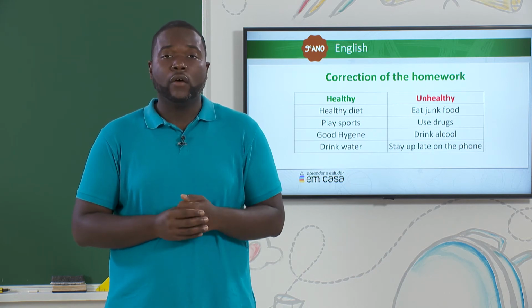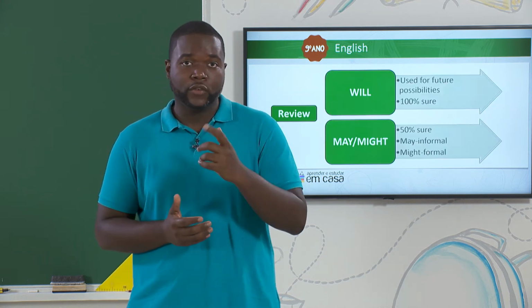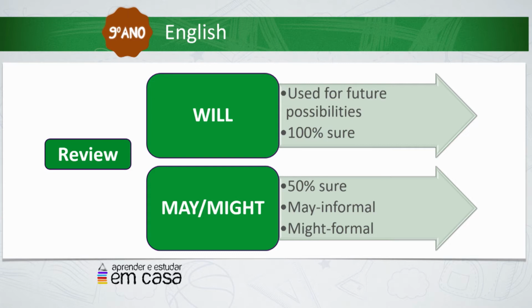All right? Now, let's do a quick review of what we learned in our previous class. We saw that we use will when we are talking about future possibilities. And we also use will when we are 100% sure of what is going to happen in the future.